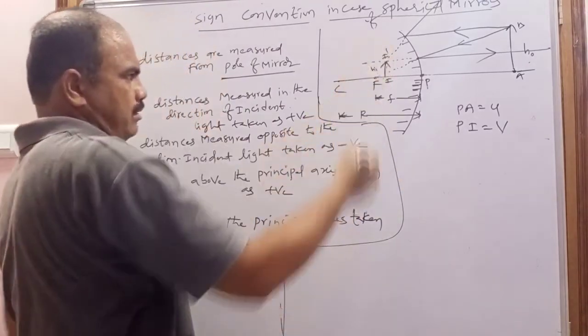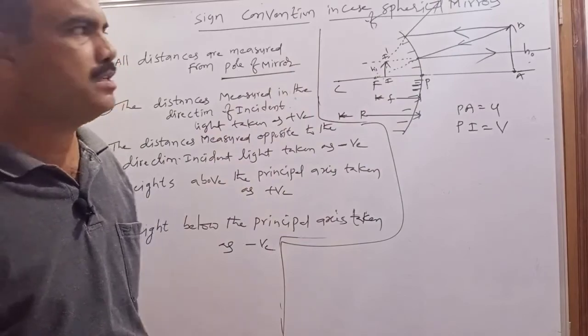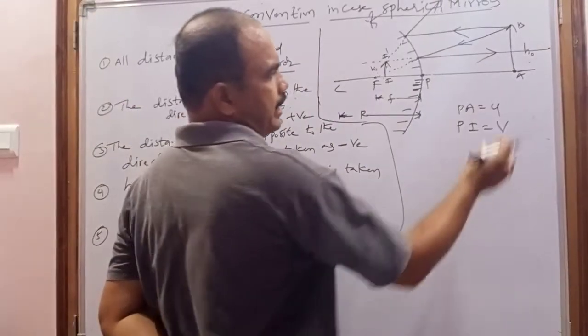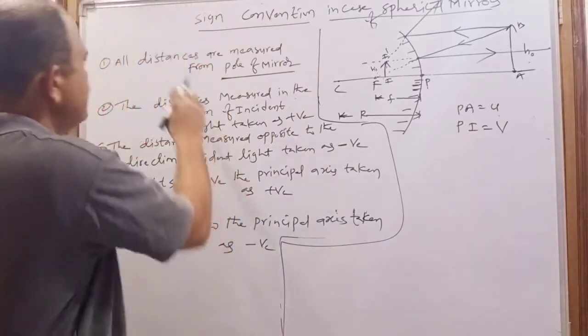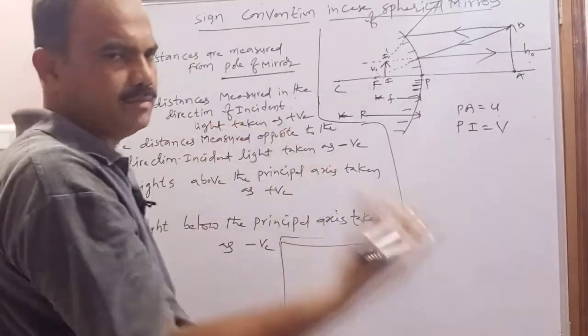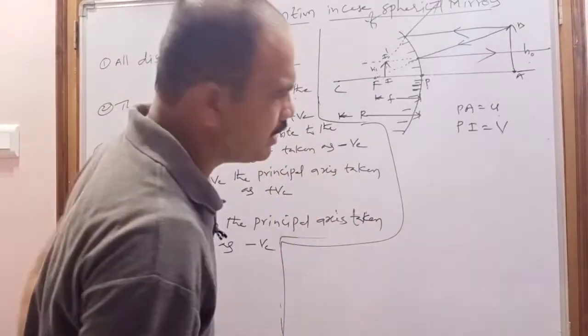Now I am applying the sign convention for this mirror. First, the object distance. All distances are measured from the pole, whether the object distance, image distance, focal length or radius of curvature.